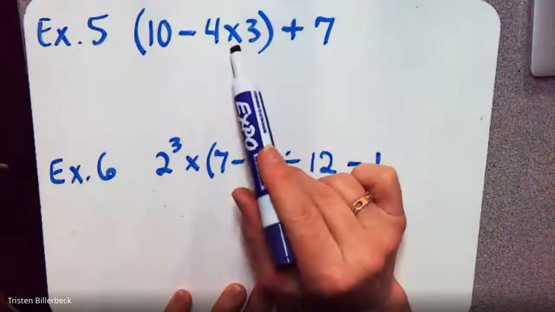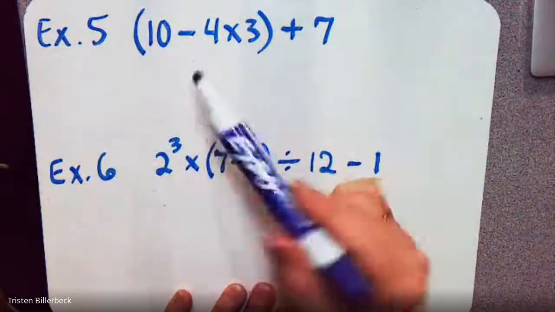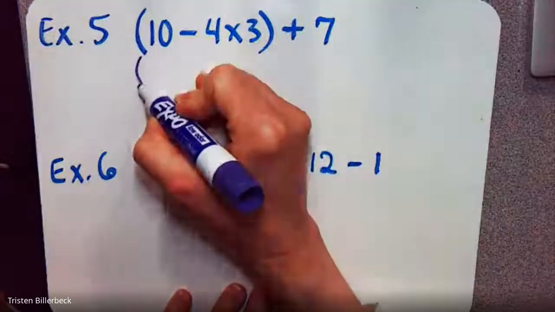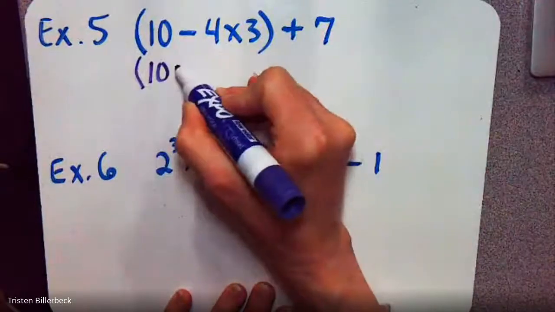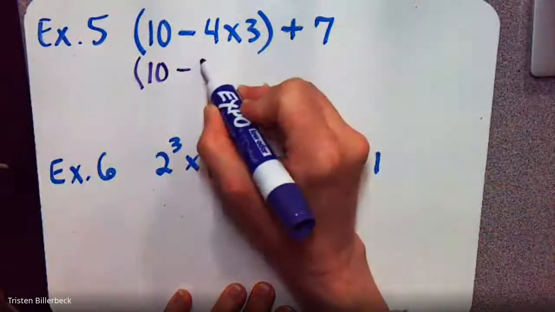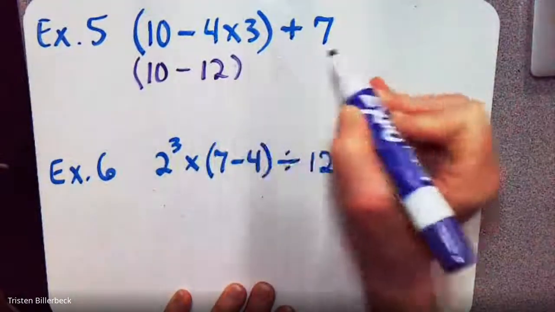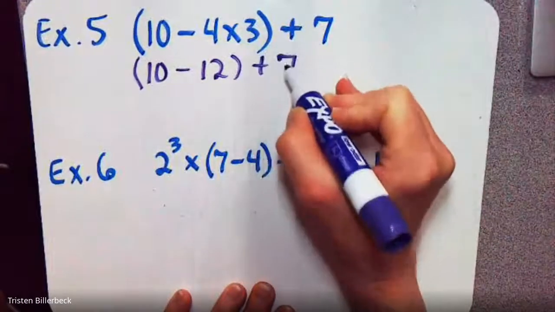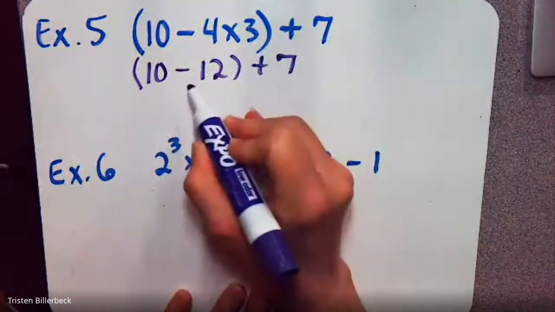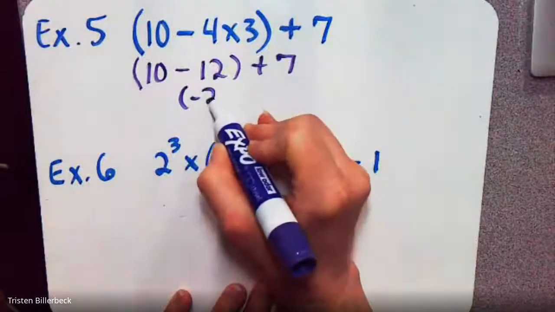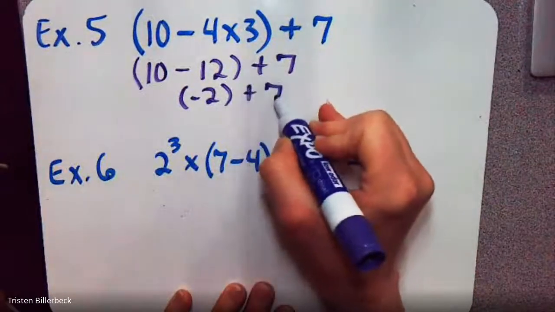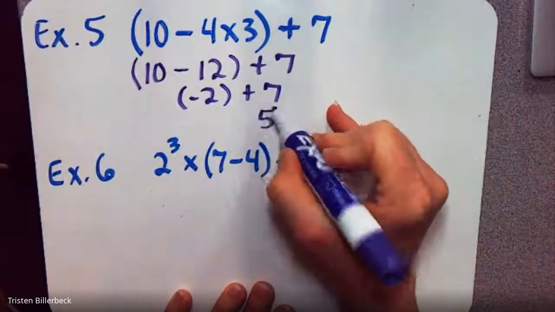So multiplication happens before subtraction. So that's why we have to do this: 4 times 3, which is 12, plus 7. And now 10 minus 12 is negative 2 plus 7, and we get our final answer of 5.